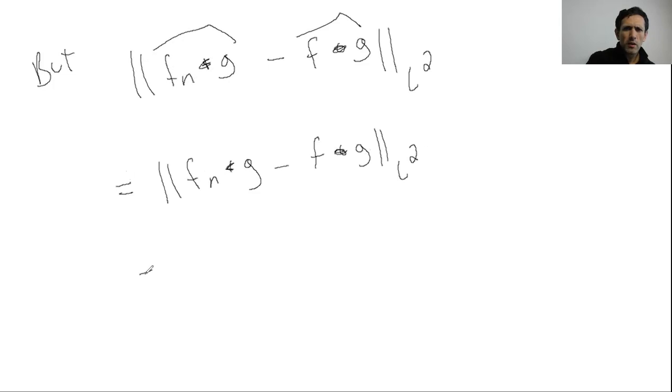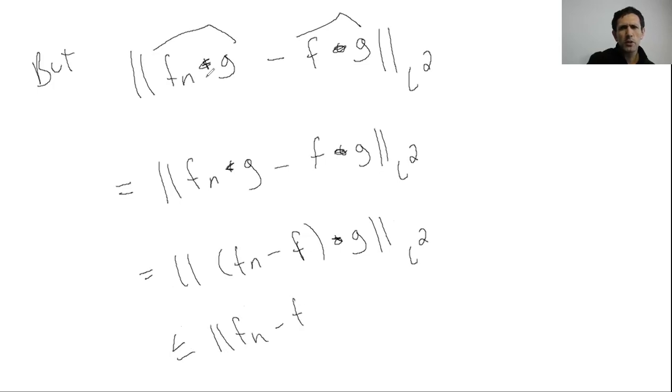Well, this is going to be f_n minus f convolved with g, and by Young's inequality yet again, this is bounded by f_n minus f. Remember, we just used Young's inequality to get that this here is in L^2, so I can use Fourier inversion. And again, as we've used implicitly a million times, the Fourier transform is linear.